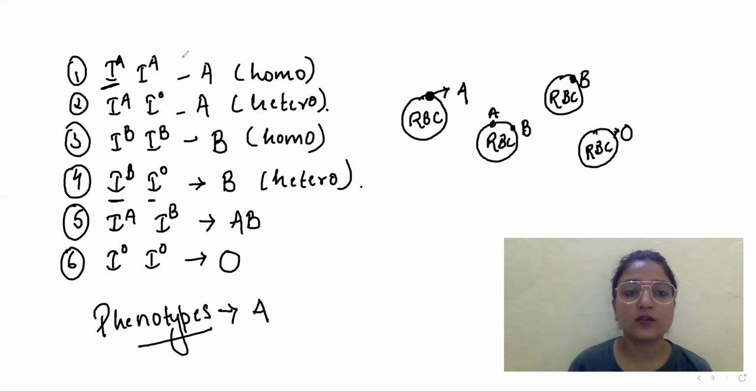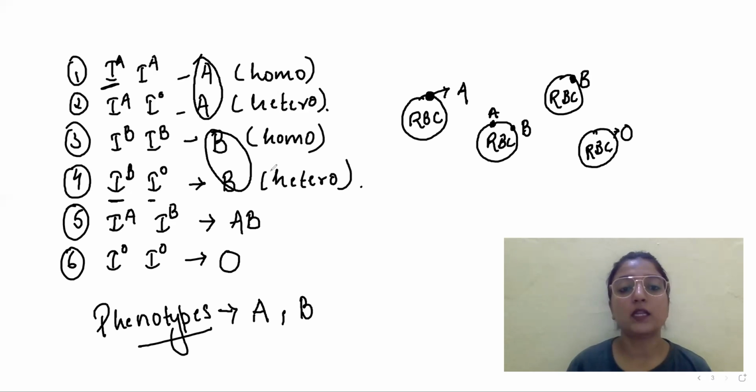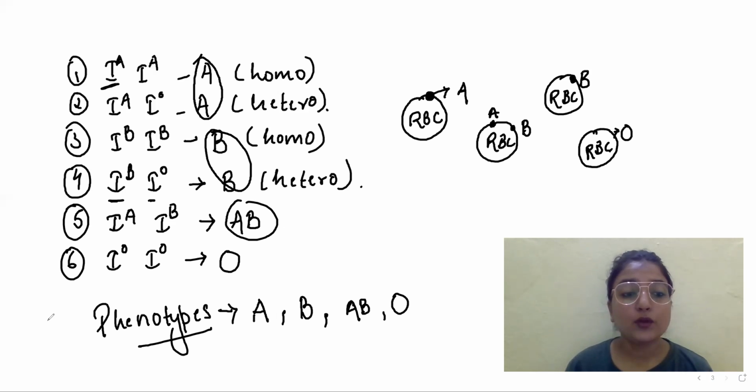The second phenotype can be B blood group, because here is B. It can be homo, it can be hetero, that is a different thing, but the phenotype is B. Third is AB, and the fourth one is O. So a person can have a total of 4 types of phenotypes: A, B, AB, and O, right?